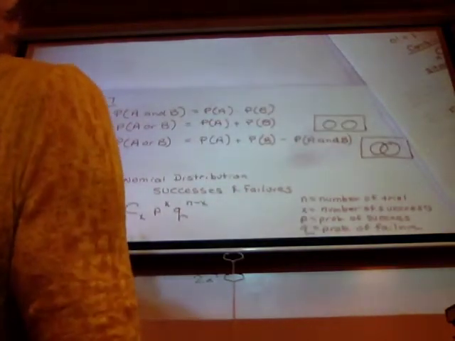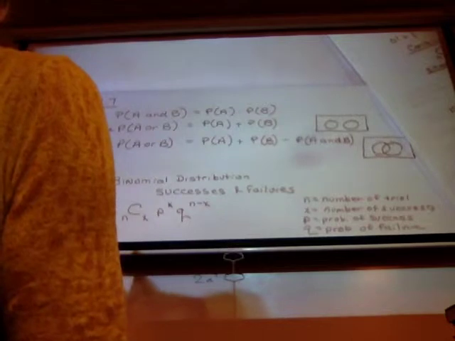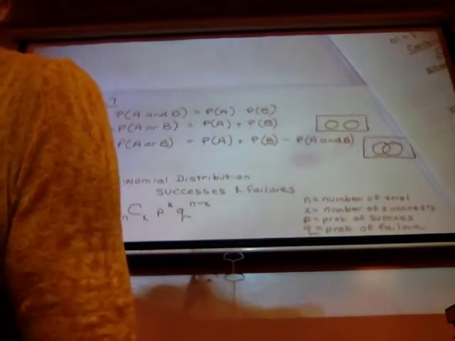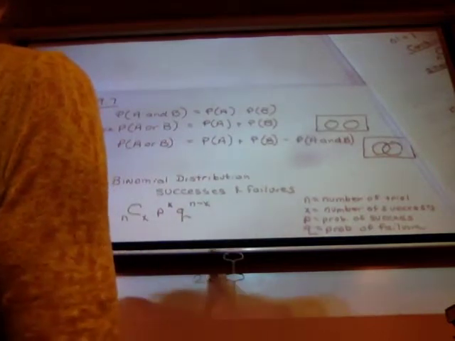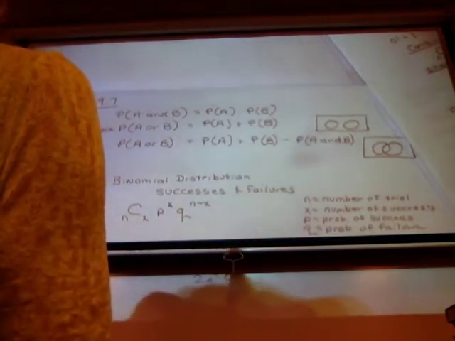And q is your probability of failure. So if I want to find what is the probability of, let's say, 5 out of 7 successes.